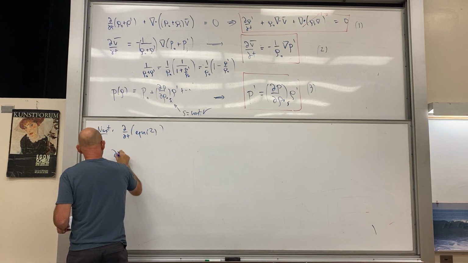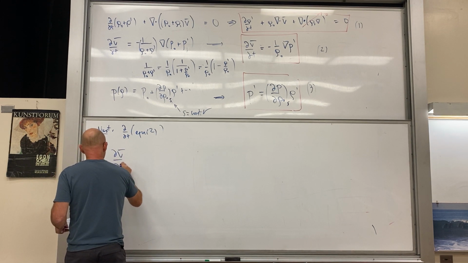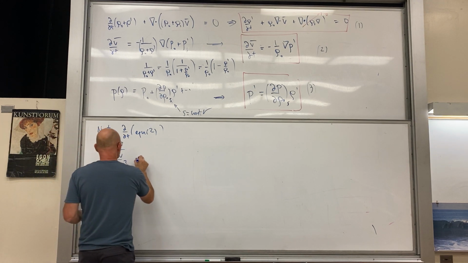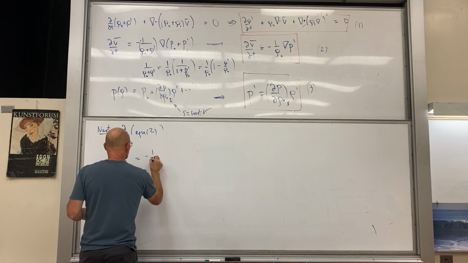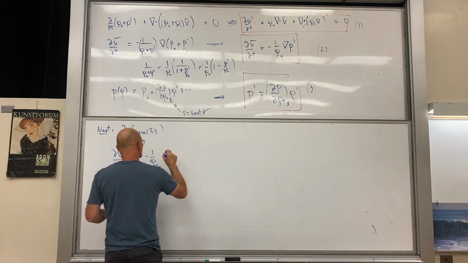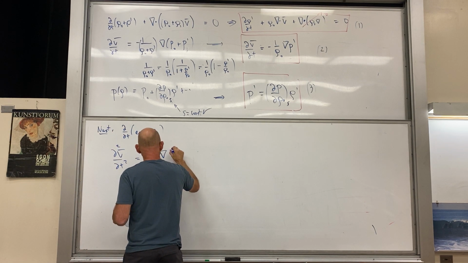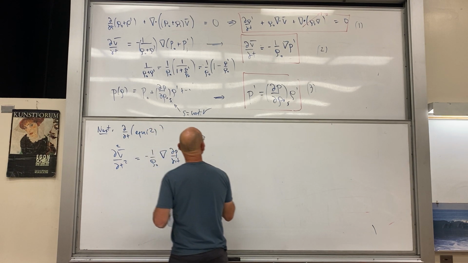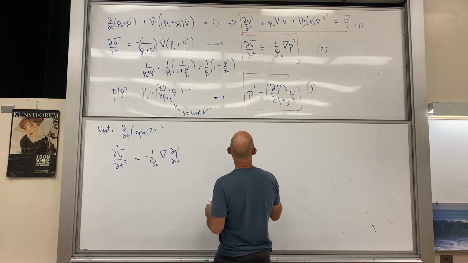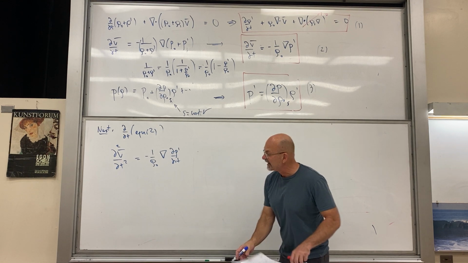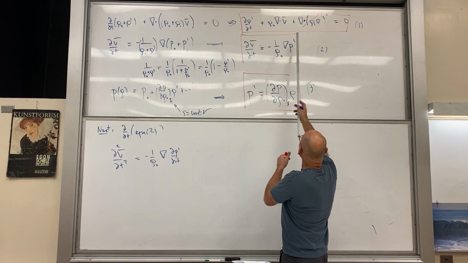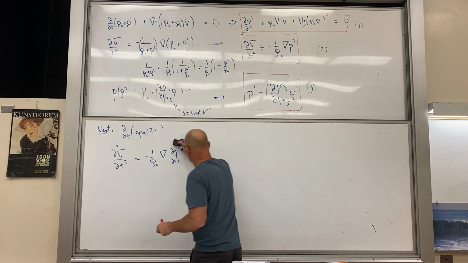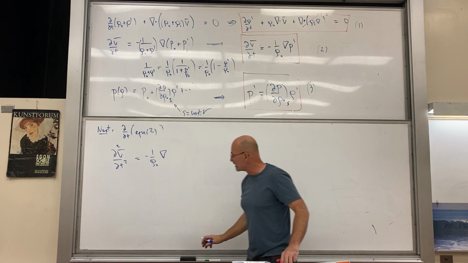We get d squared v dt squared equals minus 1 over rho naught gradient of dp prime dt. But dp prime dt is up here. In fact, since we see what we've got there, I'm going to plug that in right away.